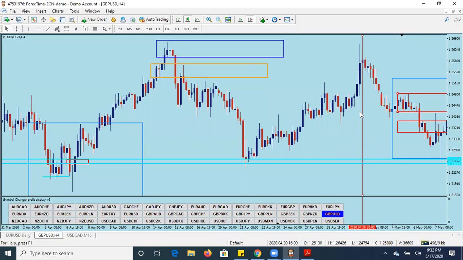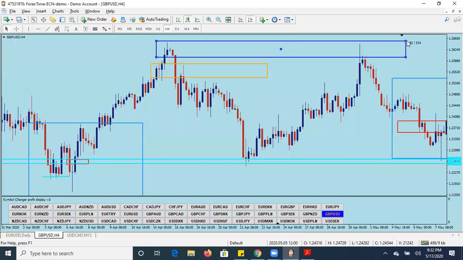Now, when price didn't give us a retest, we simply leave this markup on our chart because it has given us an untested order block. And when we have an untested order block, we have a sweet setup in our hands.